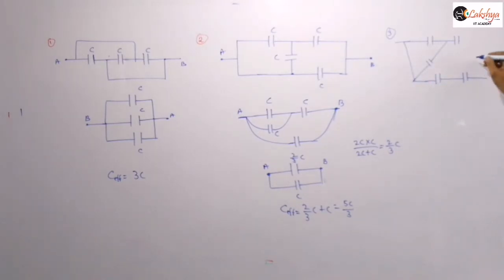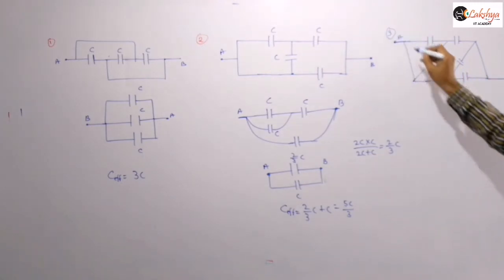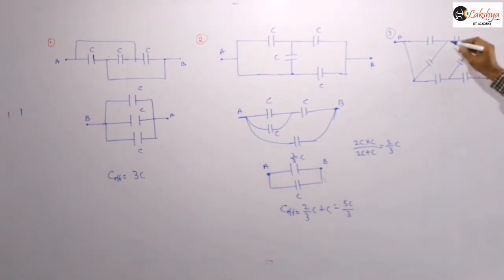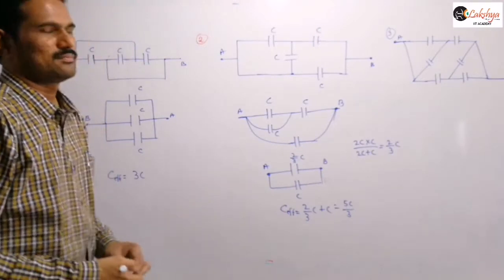Next similarly suppose another capacitor will be there here. Suppose now this is the point A and this is the point B here, right? Suppose you need to find the effective capacitance of this combination.